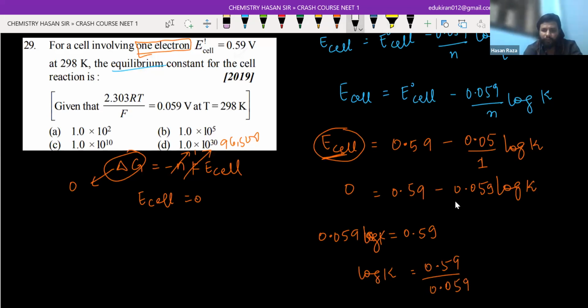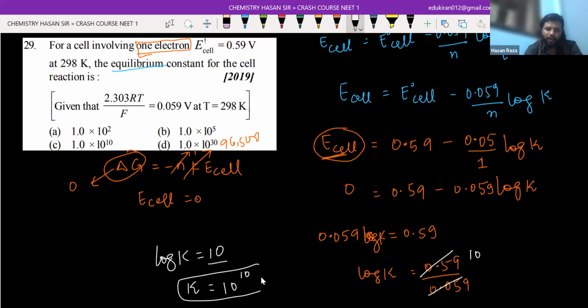After solving it, you will find a value of 10, as this will be cancelled by 10 times. So here log K is equal to 10. You just need to take the antilog, and the value of K will be 10 raised to the power 10. That can be written as 1 into 10 raised to the power 10. So this will be your answer.